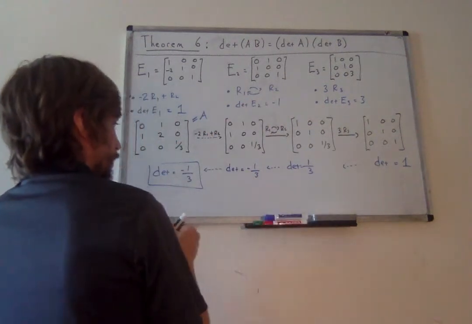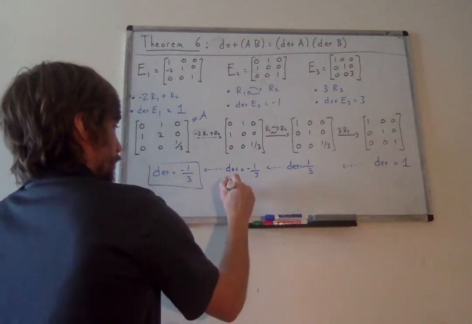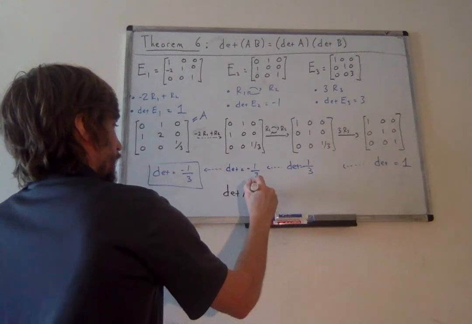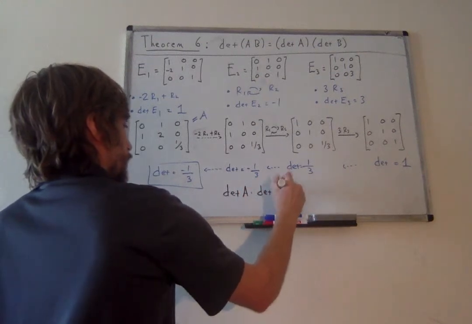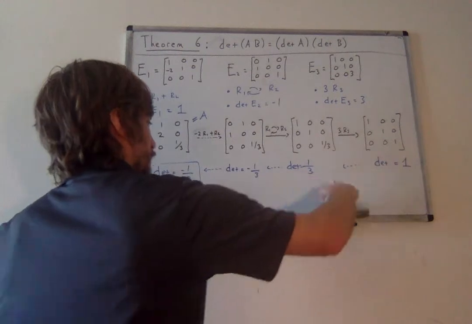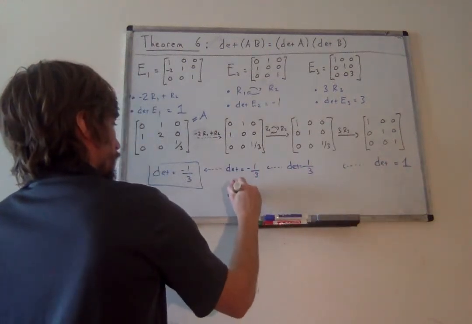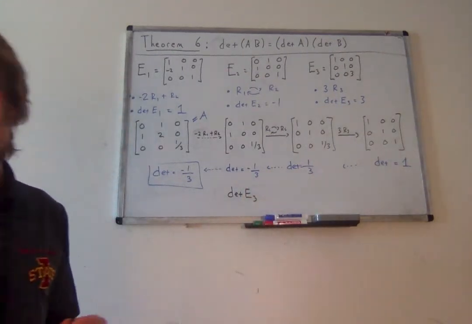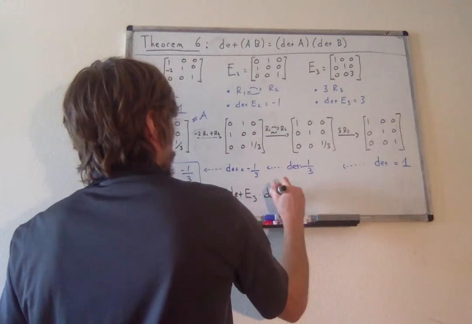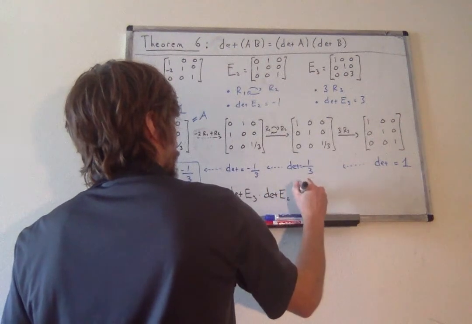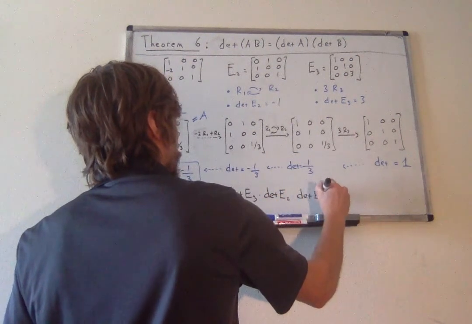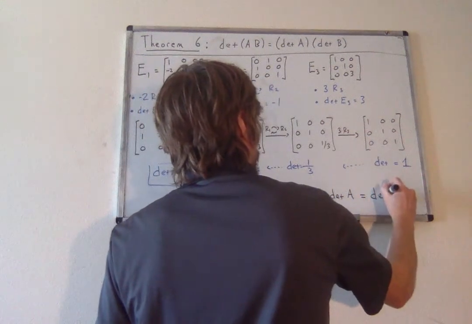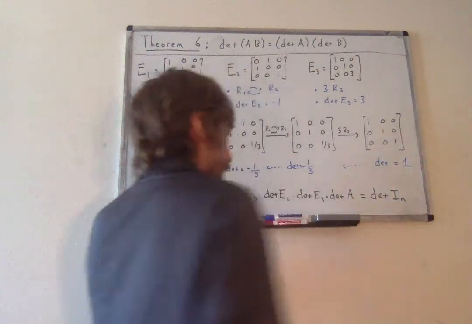But notice in particular, and this is the very important fact from this example, that the determinant of E3 times the determinant of E2 times the determinant of E1 times the determinant of A is equal to the determinant of I sub n.